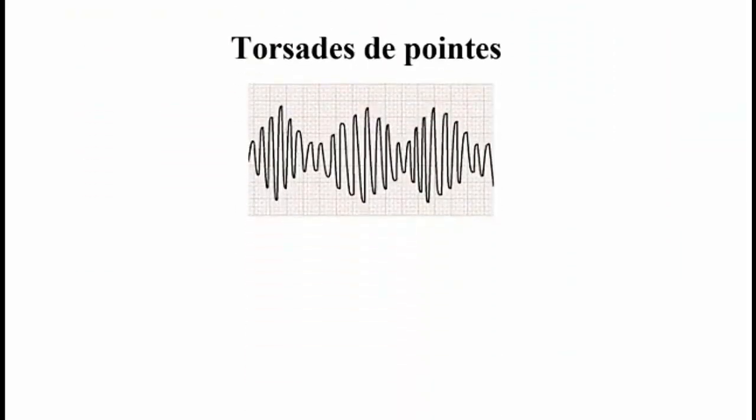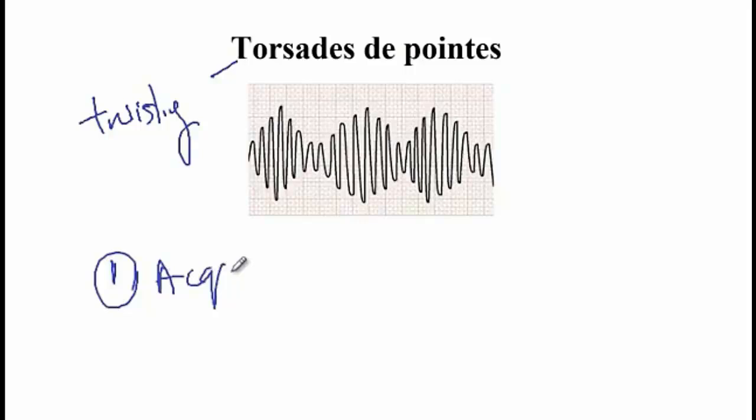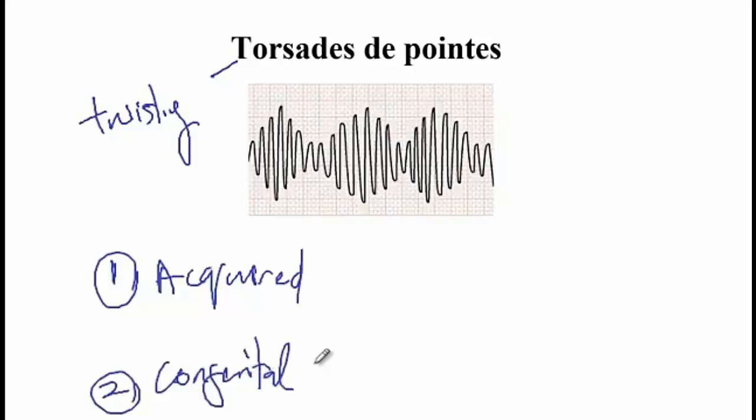Next, we have torsades, and torsades, what it means is that its translation means twisting. So this is actually a form of polymorphic VTAC, which can be either from the acquired causes, or it could be from a congenital condition associated with QT interval prolongation.